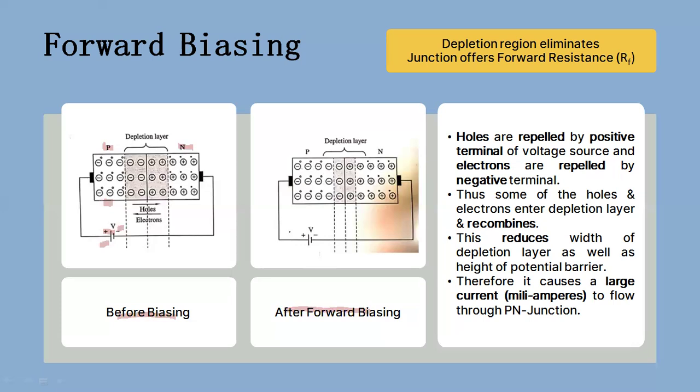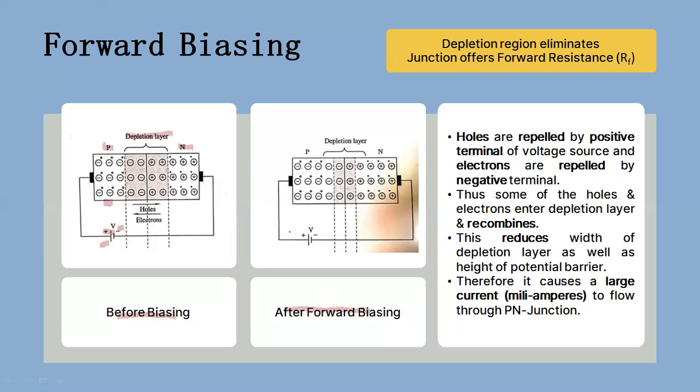because of this repulsive force, we can see that the depletion layer, which is between your P and N, because holes and electrons are repelled by the external supply, they will enter into your depletion layer and recombine.